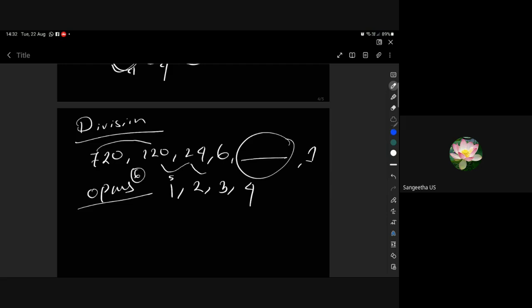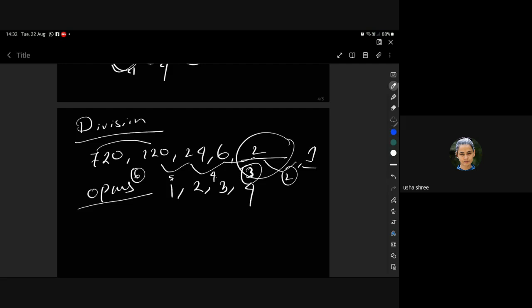If we divide 24 by 6, it will be 4. So see, 6, 5, 4, 3, like that. So 6 divided by 3, it will be 2. Now 6 divided by 2, it is coming 3. Now 2 divided by 2, it will be coming 1. So 2 is the answer.